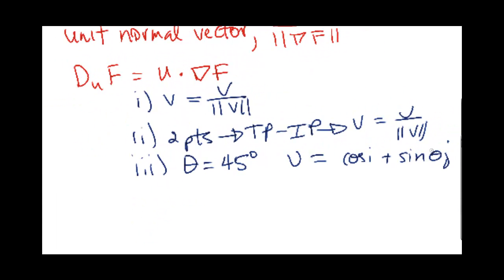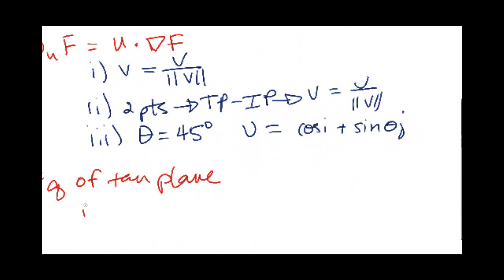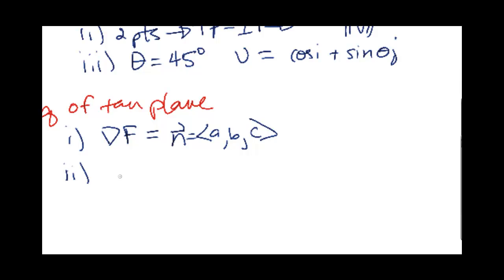So for equation of a tangent plane, that would be taking the gradient, because if you remember, I told you up there the gradient of f is the normal vector, which is your ABC, and then you plug that into your equation of the plane. A times (x minus x naught), and so on, and you would need to be given a point on the plane as well.